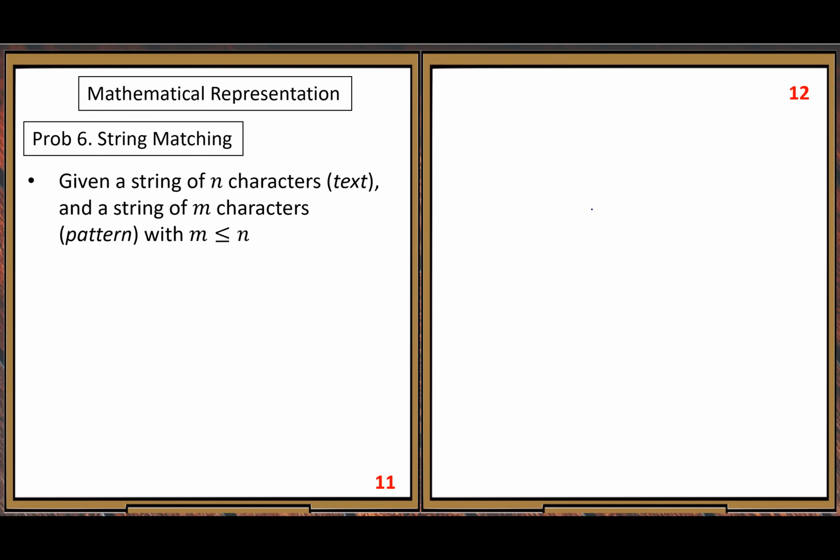Text and a pattern, n and m. Find a substring of the text that matches the pattern. That's simple. You can see this problem is very useful in real world life, right? When you search a string in a text, we need this, right?